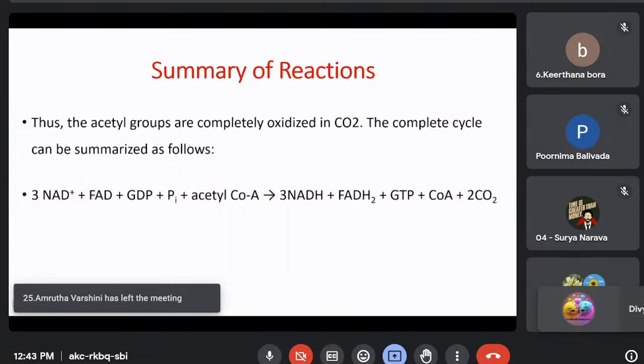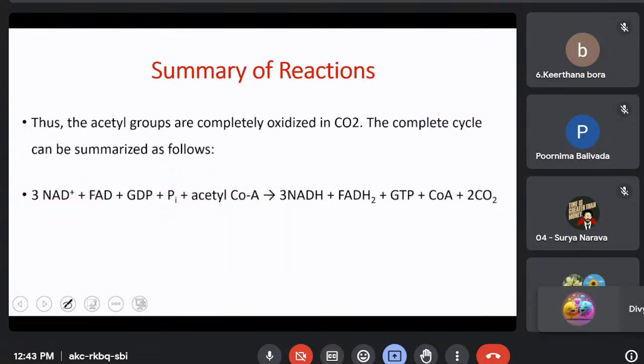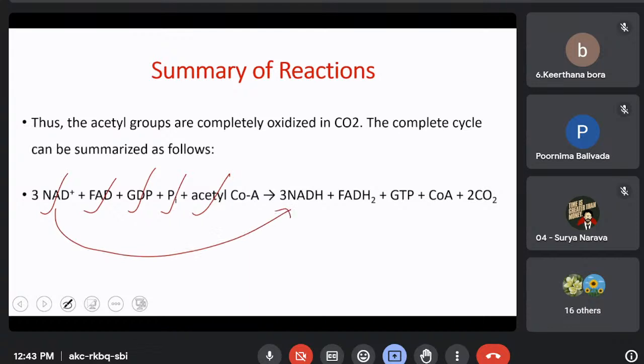So this entire reaction can be summarized as: acetyl coenzyme A plus 3 NAD plus 1 FAD, 1 GDP plus 1 phosphate molecule give rise to 3 NADH. That means NAD is reduced. 1 FADH2, FAD is reduced. GDP and inorganic phosphate combine to form GTP, substrate level phosphorylation.